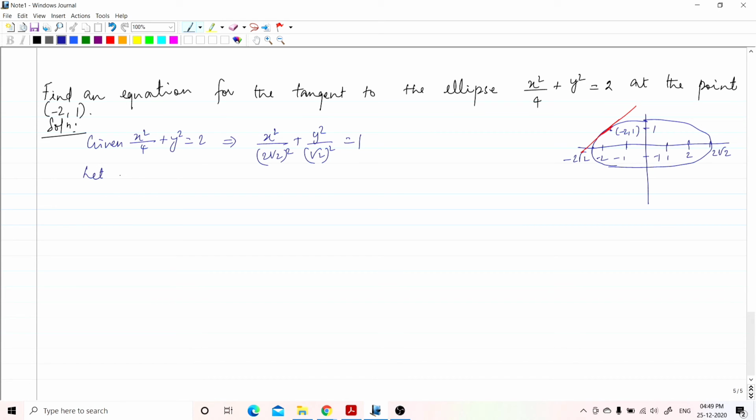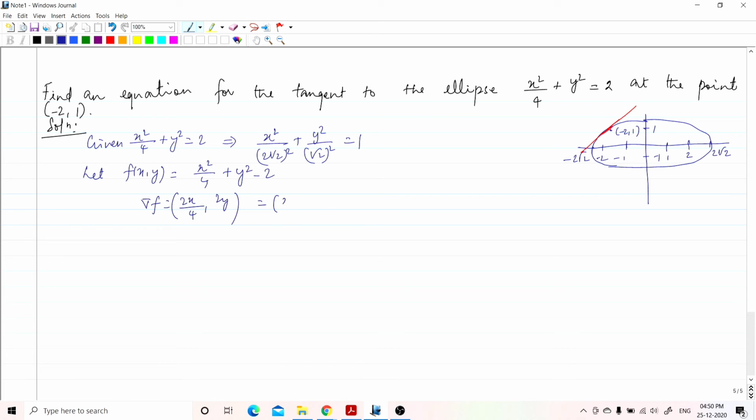Let us consider f of xy as x square upon 4 plus y squared minus 2. Find your gradient first of all. So your gradient of f is going to be 2x upon 4 comma 2y.